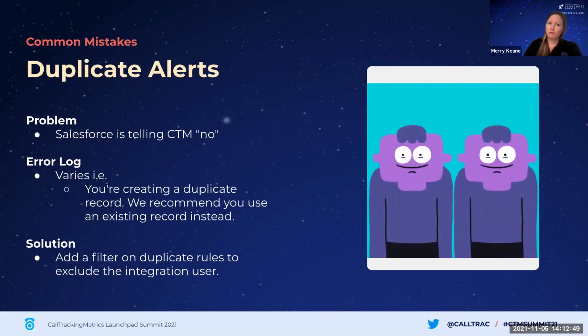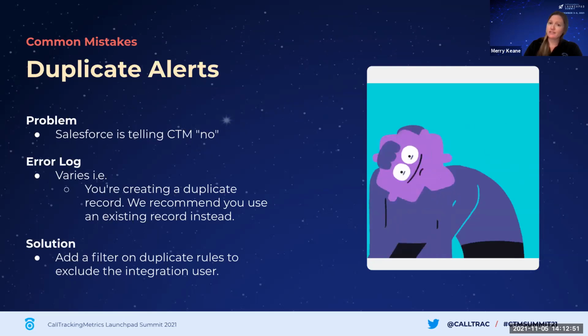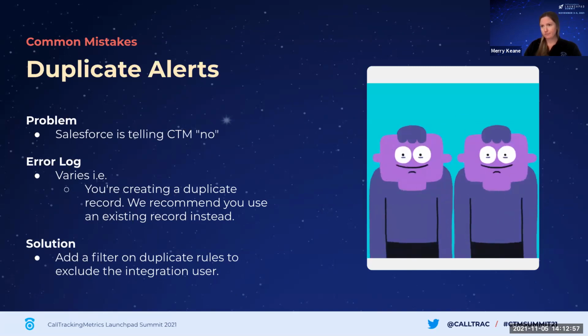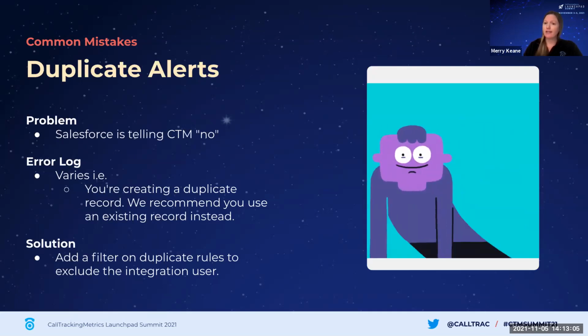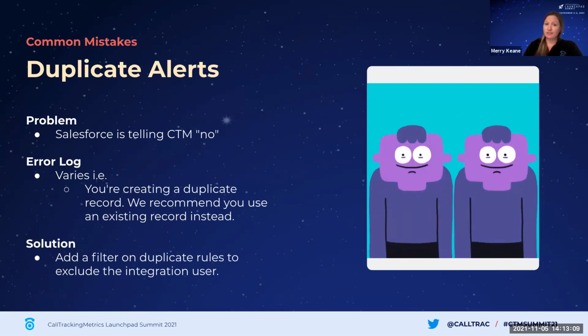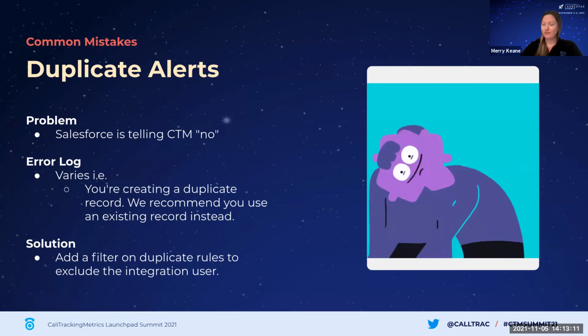We recommend you use an existing record instead." At that point, CTM can't continue with the record creation because, again, Salesforce is telling us no. So a way around this is to have a designated integration user and then add a filter within your duplicate rules to exclude the integration user.